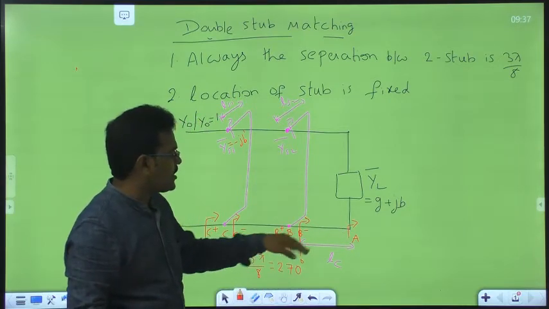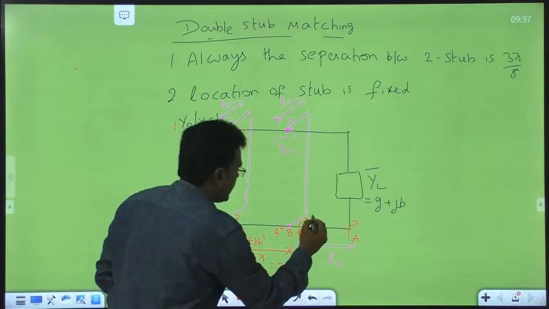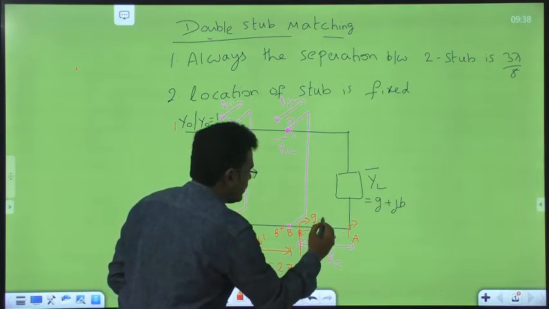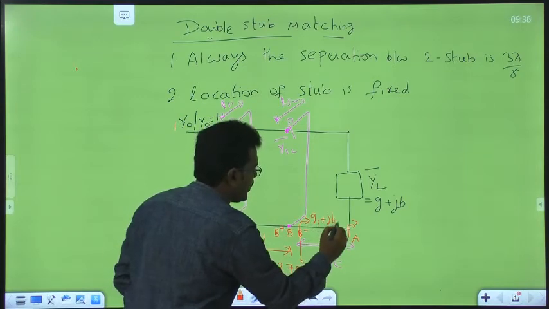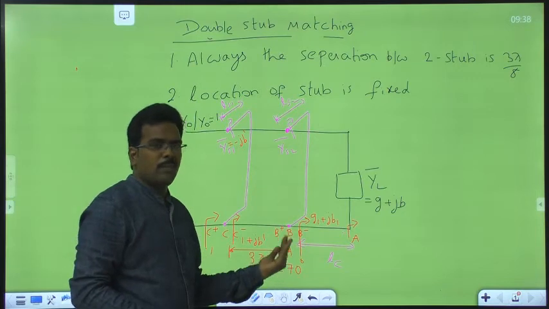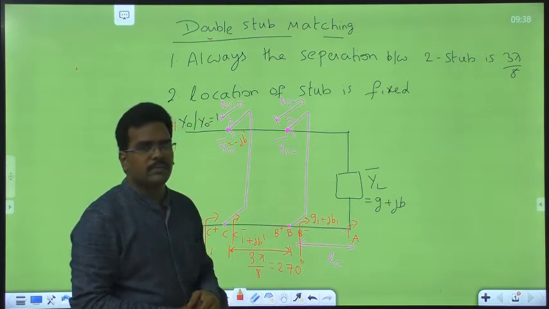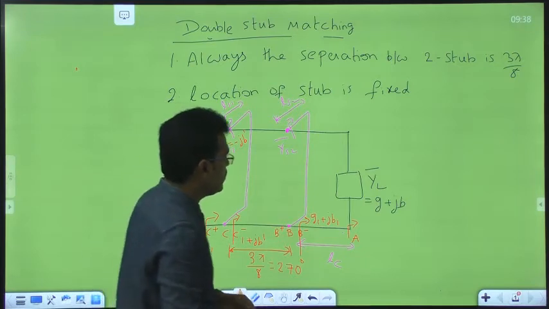So after some location L suffix C, I'm assuming the admittance at B minus is some G1 plus jB1.